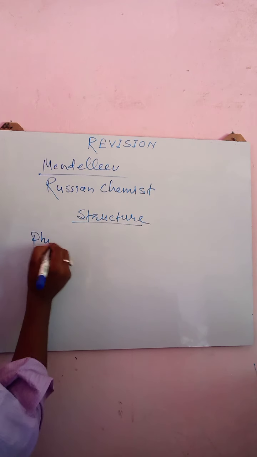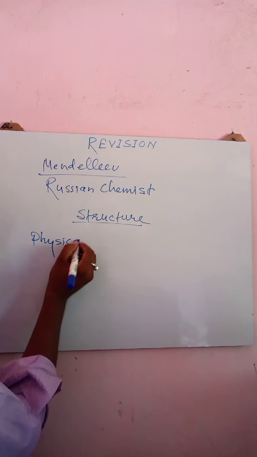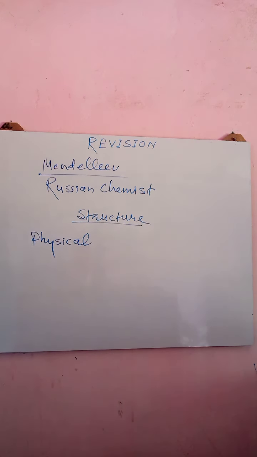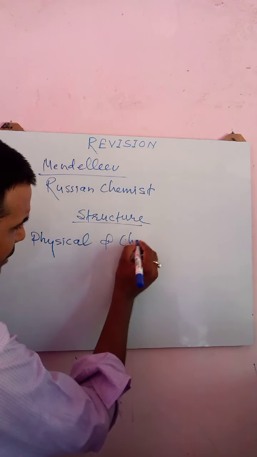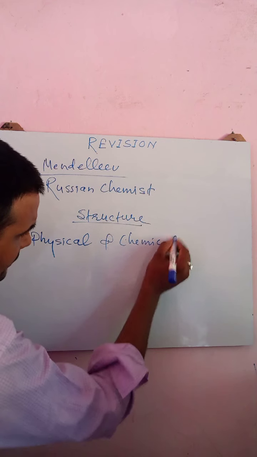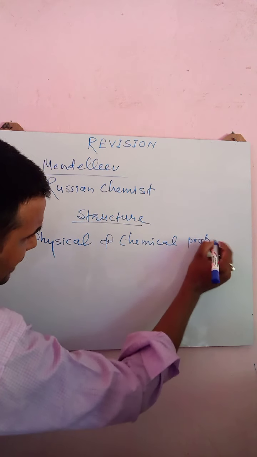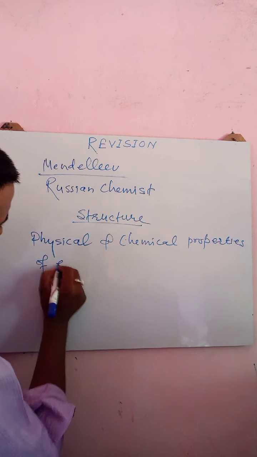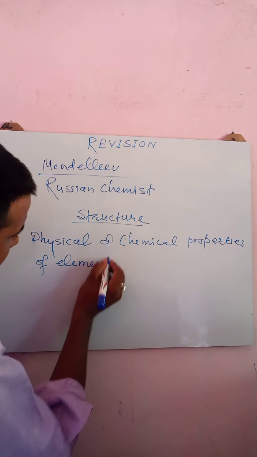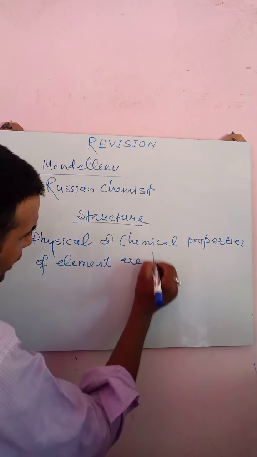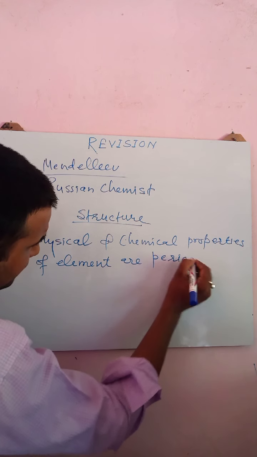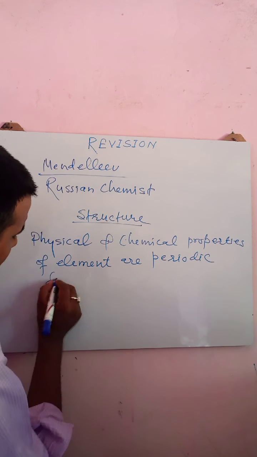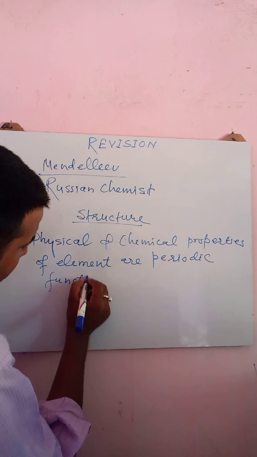Sometimes in examinations it is asked, what is Mendeleev's law for the periodic classification? So, physical and chemical properties of elements are a periodic function of their atomic weight.